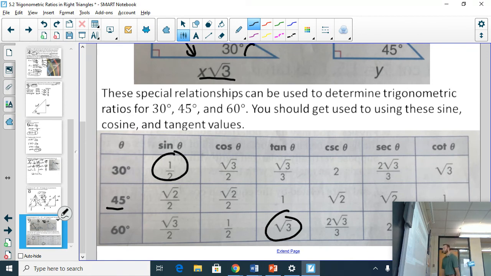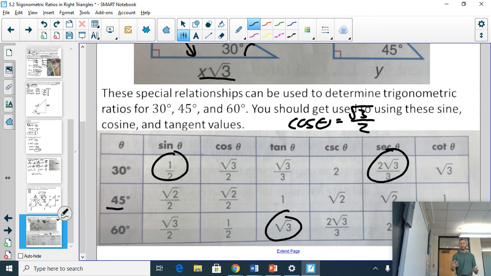So let's just do one that might be a little bit more tricky, like secant of theta. Let's do secant of 30. I know cosine and secant go together, right? So I can figure out that cosine of 30 is square root 3 over 2.